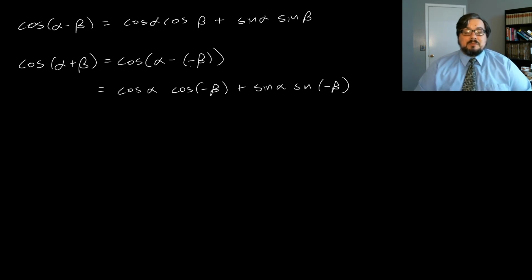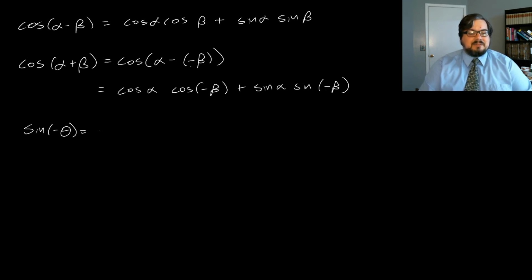Now, to move on from here, we need to know what cosine and sine of negatives give us. We talked about this briefly back when we were first talking about sine and cosine. In particular, we know that for any theta, sine of negative theta is equal to negative sine of theta. Cosine of negative theta is just equal to cosine of theta.